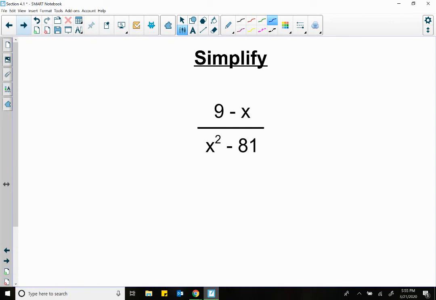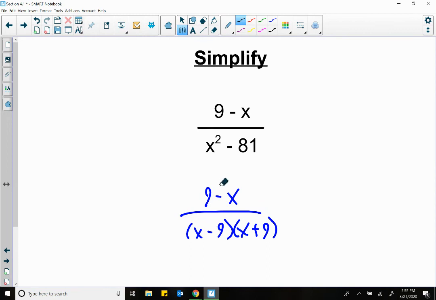Okay, so up on top, notice there's nothing really to factor, so we just have x minus 9. Down below, this is a difference of squares. So you get the x minus 9 and the x plus 9. Now notice, when I ask, is there anything that's going to cancel out?